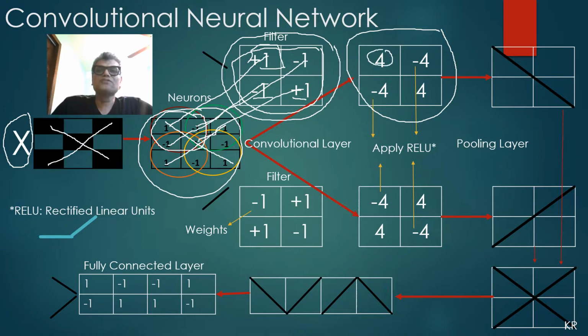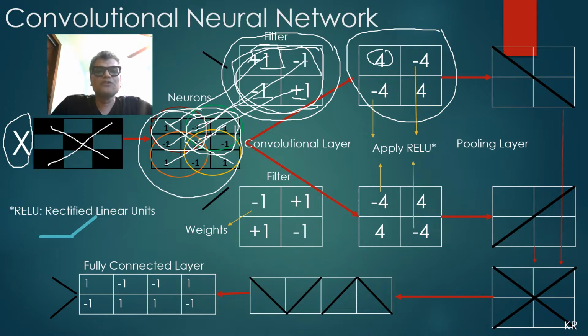And when you do similar math using these 4 numbers and apply that against the 4 cells in the matrix represented by the green circle, you will come up with a -4.